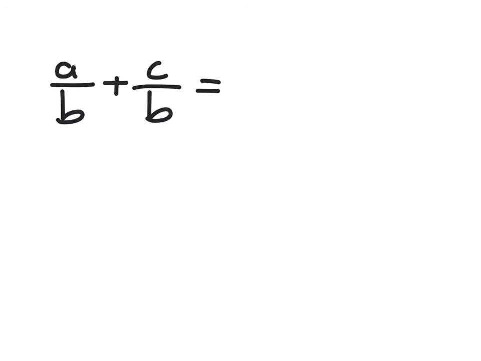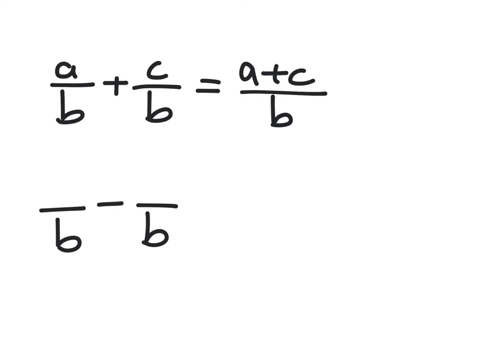So the rule when you guys are adding and subtracting fractions, all right, is that you first have to force the denominators to be the same. So again, this is abstract. This would be represented by numbers. But once you get the denominators the same like this, and you may have to force them to be the same, you guys, then you're just going to take the two numerators, add them together, and keep the denominator the same. And of course, after you finish that, you would be looking to simplify if you could.